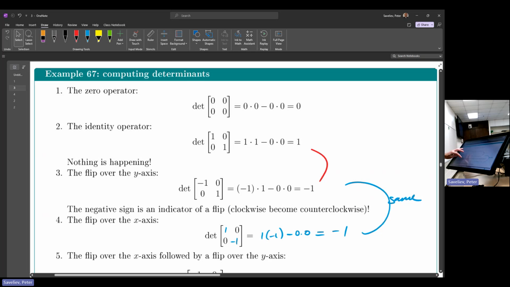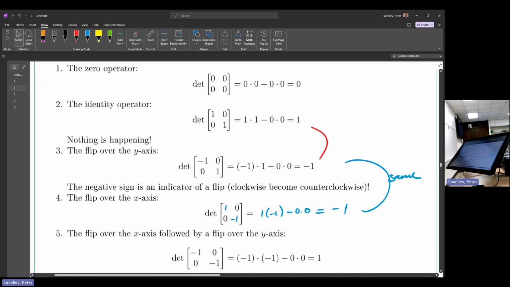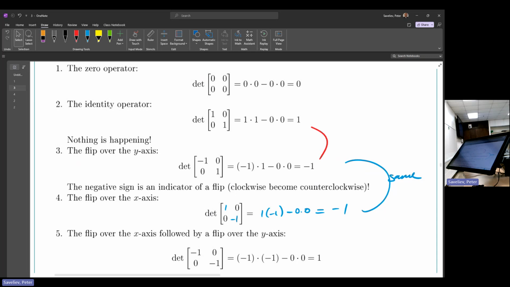Flip over the x-axis followed by flip about the y-axis. Look at it. So the double flip, the central symmetry, has two minus signs on the main diagonal. The determinant is 1. What does it tell you? There is no flip.